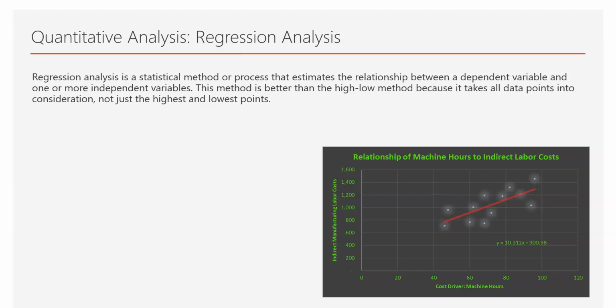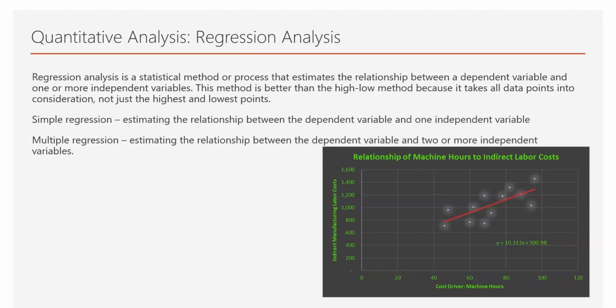Why? Because it's going to take into account all data points, not just the highest and not just the lowest. So, there are two types of regressions we can do. We can do simple regression, which is estimating the relationship between the dependent variable, which is total cost, and one independent variable, which is a cost driver.